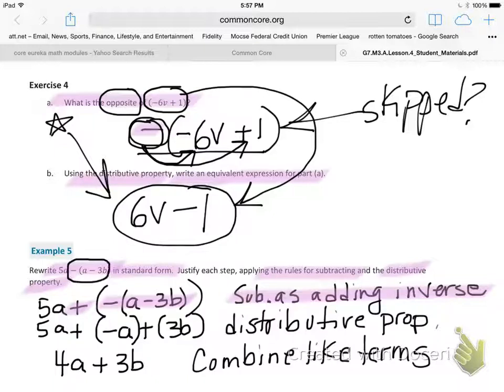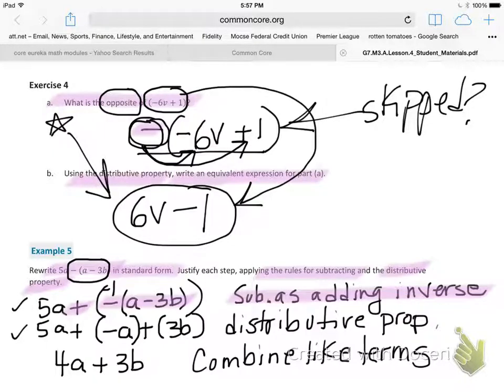I just added my plus sign there. Then after step number 1, in step number 2 I distributed out this negative sign here, which is actually a negative 1. That's a negative 1, in fact.